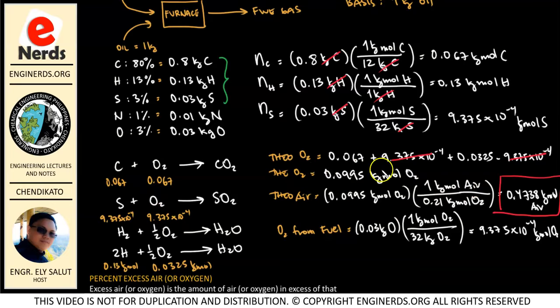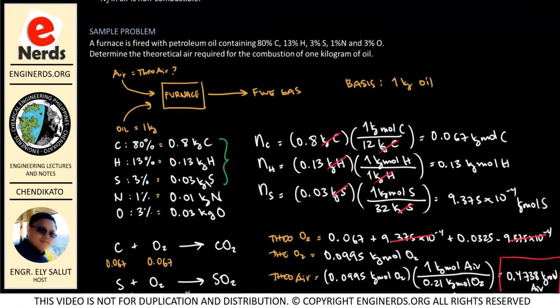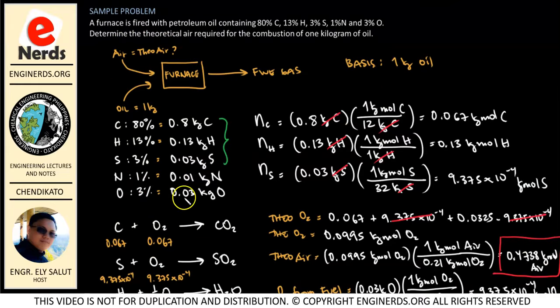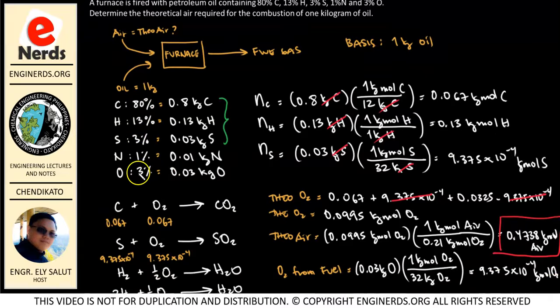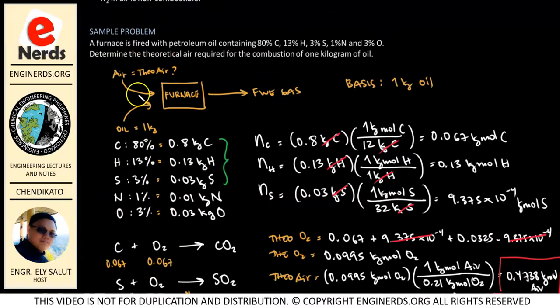And kung ano yung lalabas dyan na theoretical O2, yan ngayon ang i-convert natin to kilogram mole ng air. So, sana naging malinaw yan, ano? Kasi makaka-encounter tayo ng ganyang mga problem. So, kailangan gamitin muna natin yung oxygen na naandito sa ating fuel mismo. Babawas natin yan sa theoretical air na isusupply natin sa furnace.